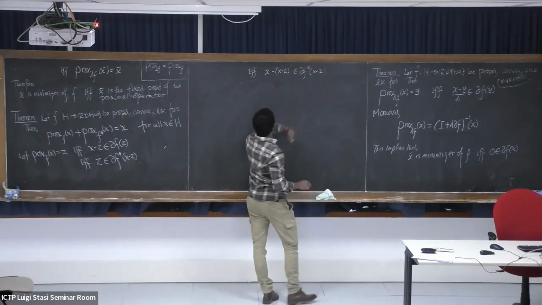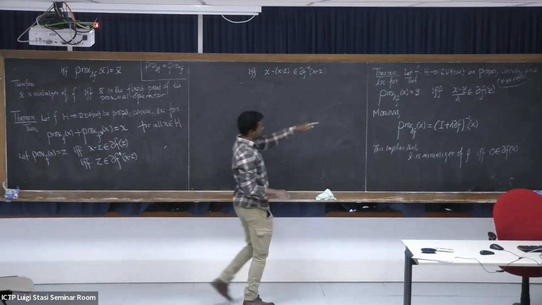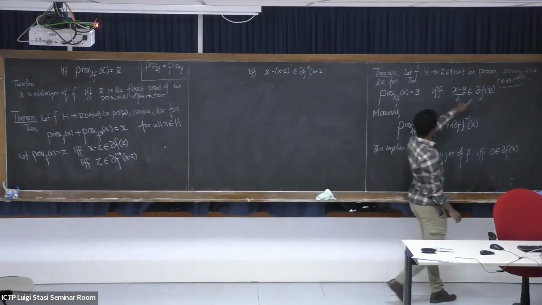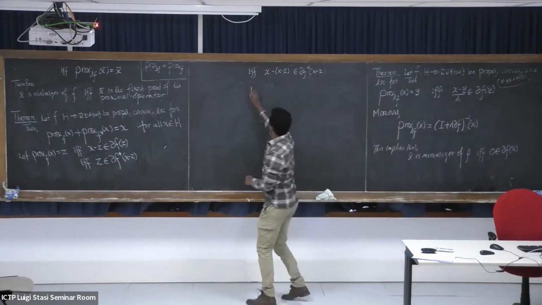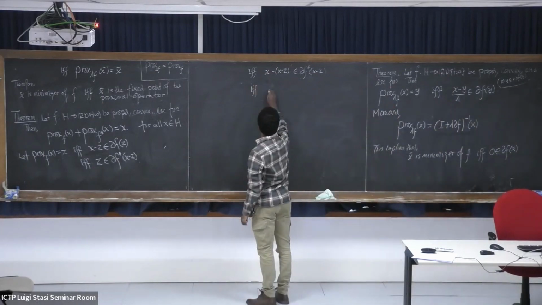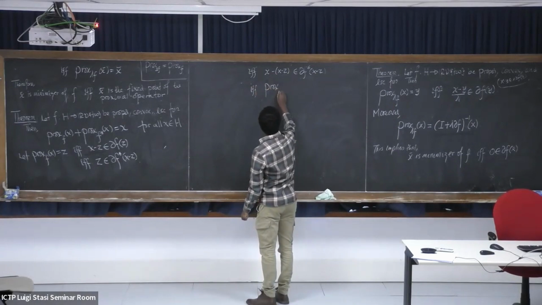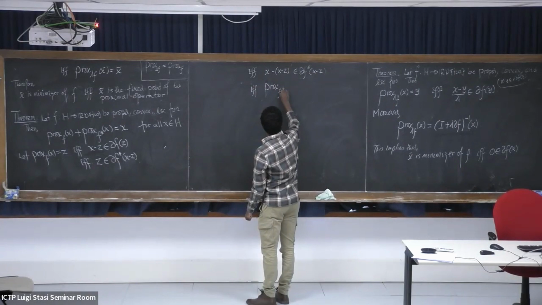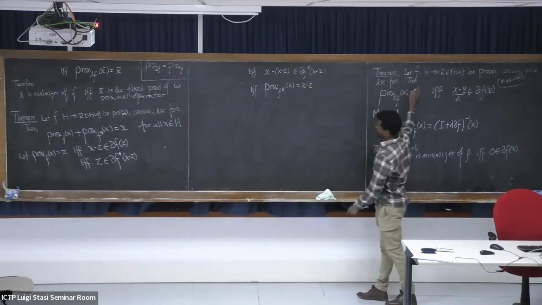Right, this is D. So again, here also, if this happens, this happens. So the proximal of f star of x is x minus c. Where is this?